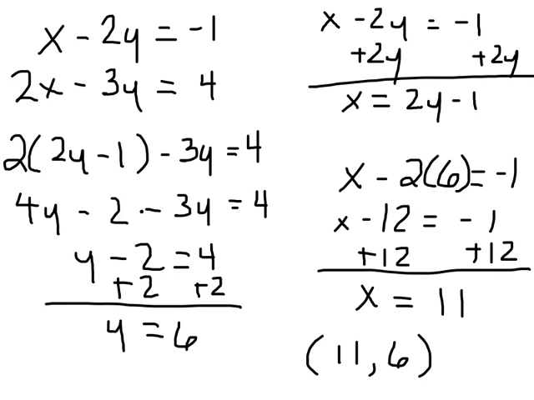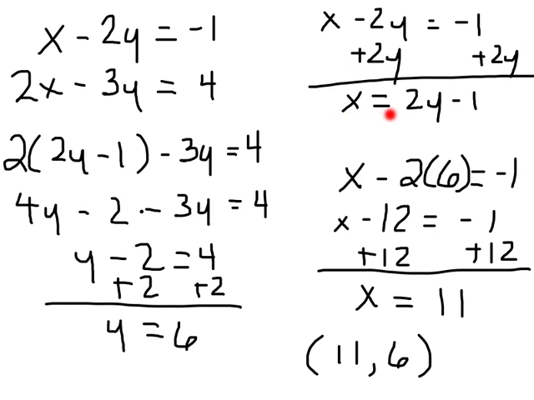Let's go ahead, in your book, I think this is the first, the 59.1 example. So we have x minus 2y equals negative 1, 2x minus 3y equals 4. I'm going to get x by itself, so I need to move this negative 2y. I'm going to add 2y to both sides.